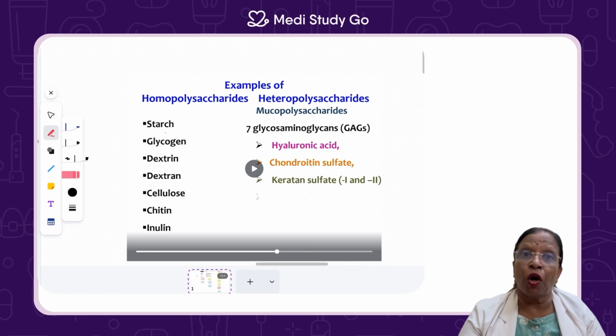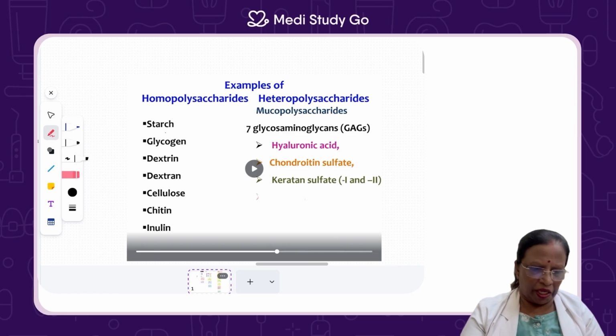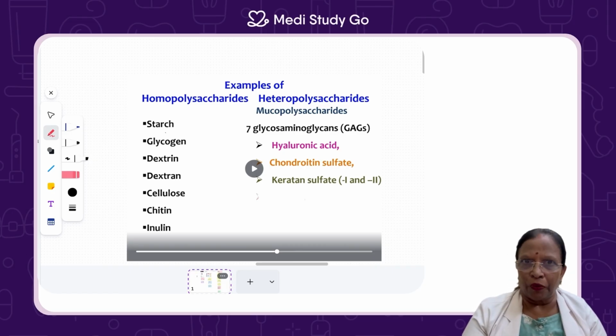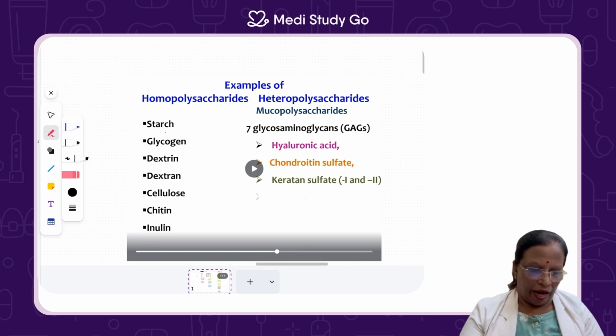Dextrans are high molecular weight polyglucans. They are used in the treatment of hypovolemic shock because they are volume expanders. They are also used as lubricants in eye drops. Then comes cellulose, which I've already described to you. So all these are the polyglucans. Chitin is a poly N-acetylated glucosamine, and inulin is a polyfructan.